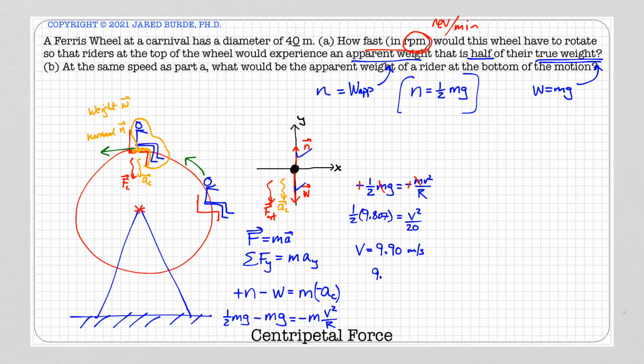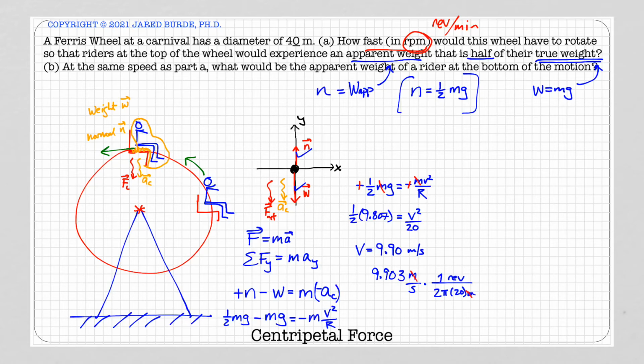So what we have is 9.903, let's say, meters per second. One revolution is once around the Ferris wheel. And so the distance that we're traveling then is going to be 2 pi r. It's going to be the circumference of the Ferris wheel, that many meters.